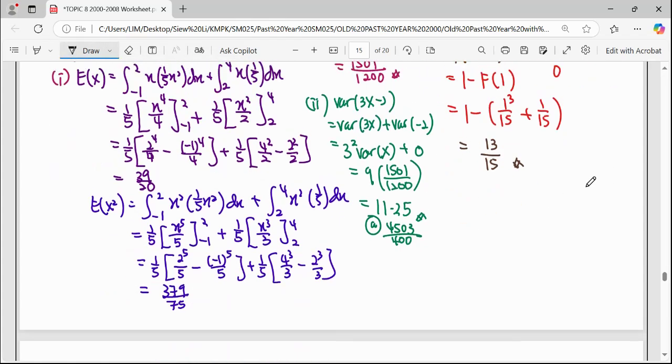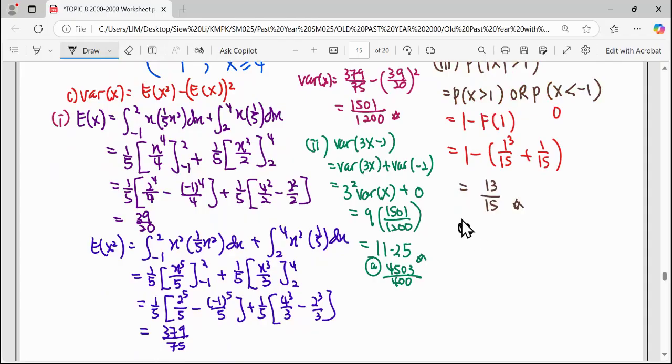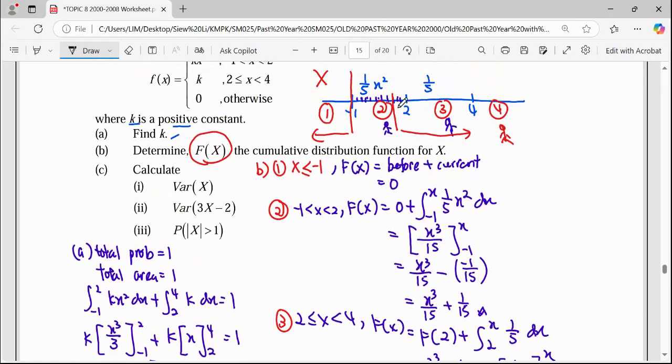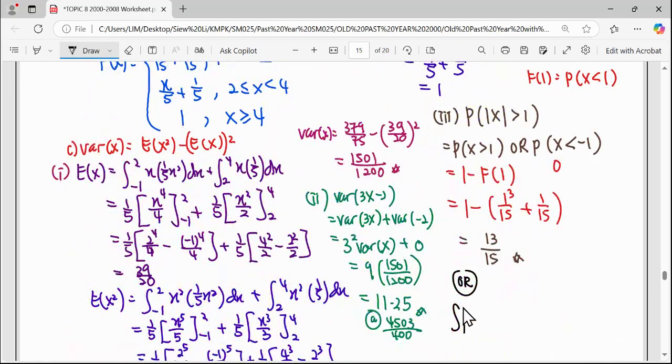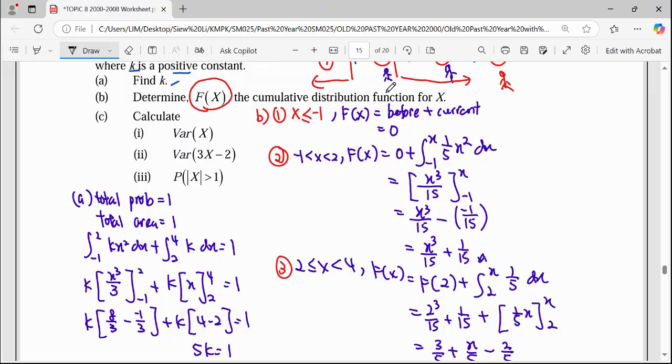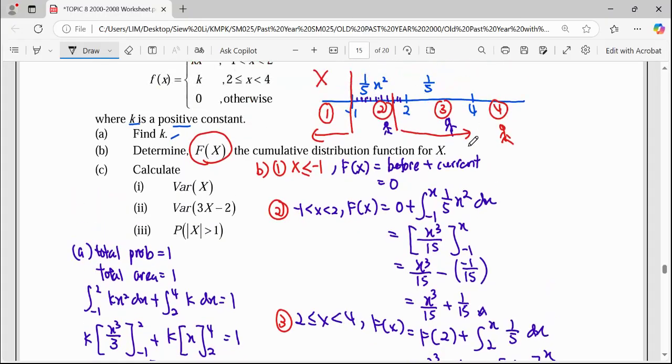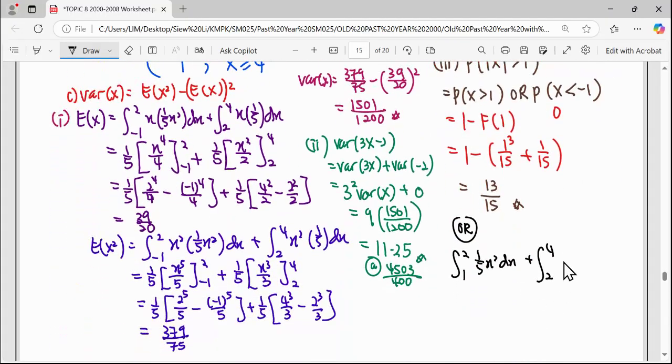Or another method, more than one, integrate 1 until 2, 1 over 5x squared plus 2 until 4, 1 over 5. Okay, so this one also we can simplify to get your probability for x more than 1.